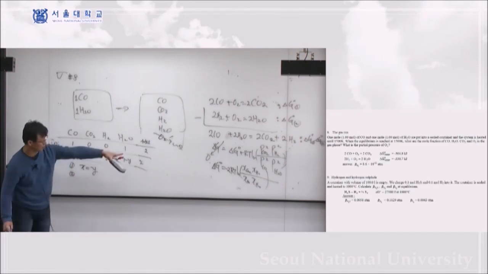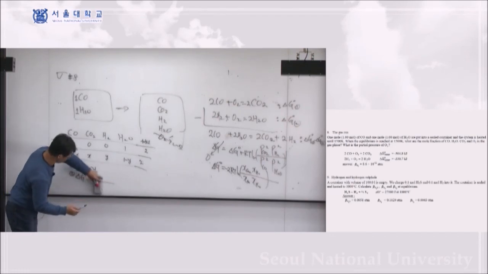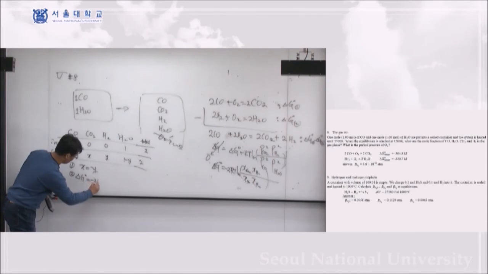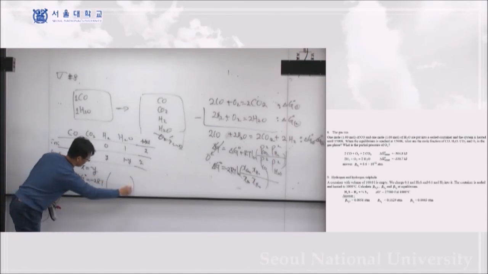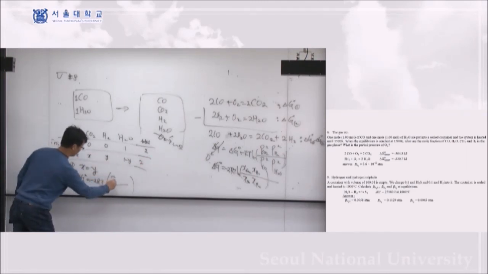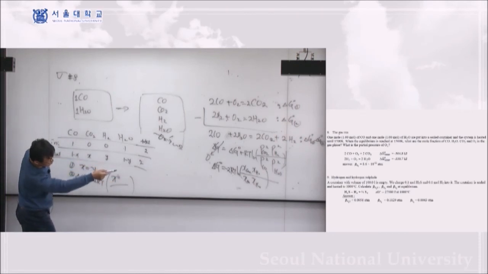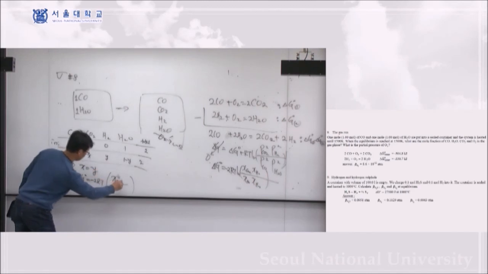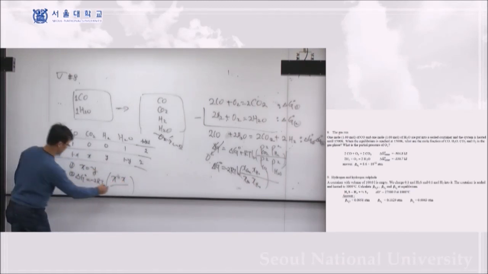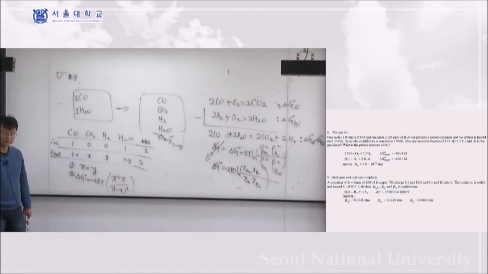And then if I enter this one now, delta G naught of reaction equal to minus RT ln, my CO2 is X, and then H2, this is X again, X and Y are same, and then this is 1 minus X, then square. Okay, so we have one variable with one equation.